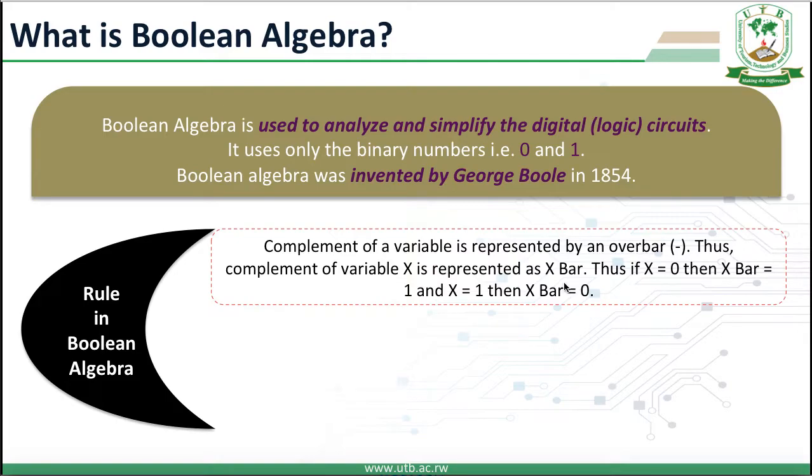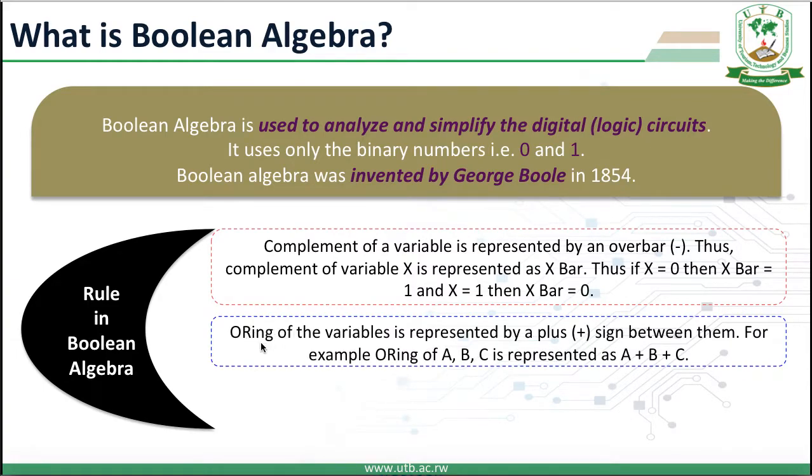If x is equal to 0, then x bar is equal to 1. The bar is used to negate, to complement the input. So if the input x is 0, because of the bar the complemented input becomes 1, and if it is 1 then it becomes 0.